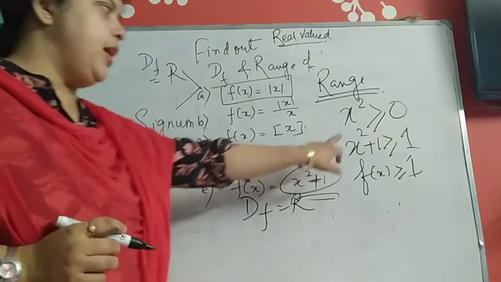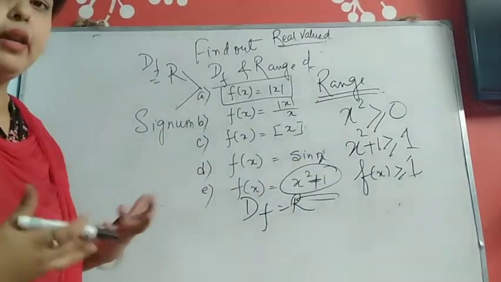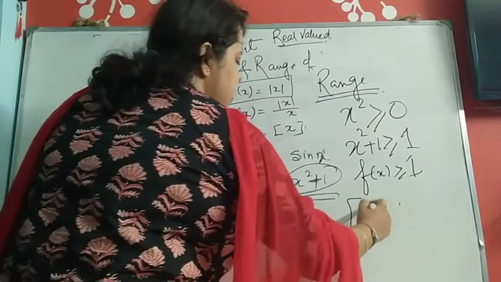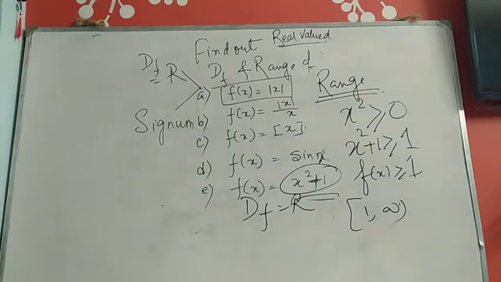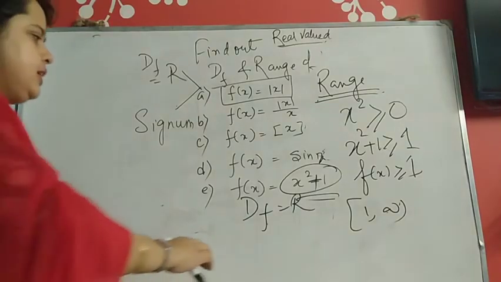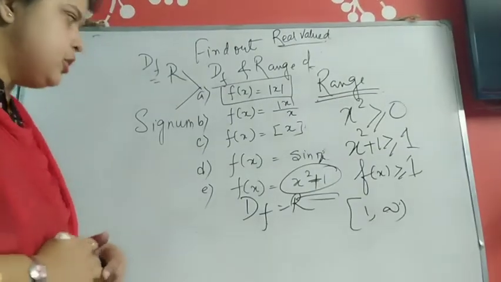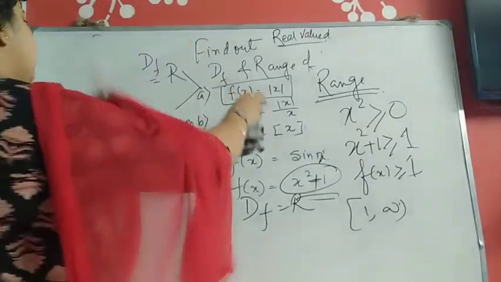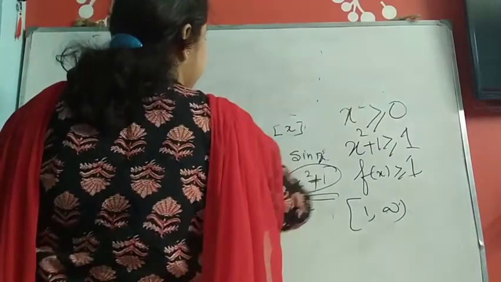I'm finding here the range. That is, the values will be from the closed interval 1 to infinity. So this is the range. Am I clear, children?